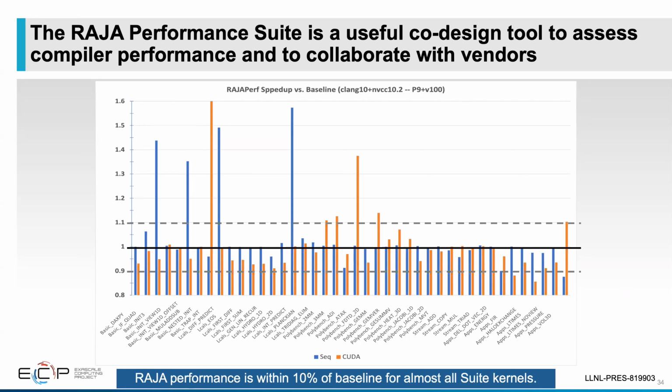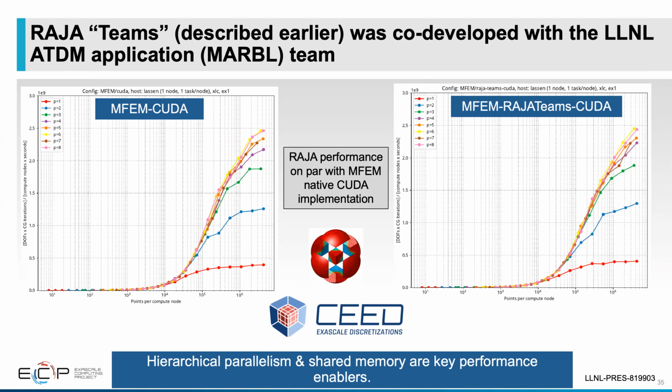And lastly, the RAJA launch, or the Teams API that we introduced earlier, was developed with one of the Livermore applications, the Marbl team, to be more exact. This is an API that was developed to target the kernels that come up in high order finite element applications. In developing this API, we worked with the MFEM team, and we looked at a fairly optimized CUDA implementation.